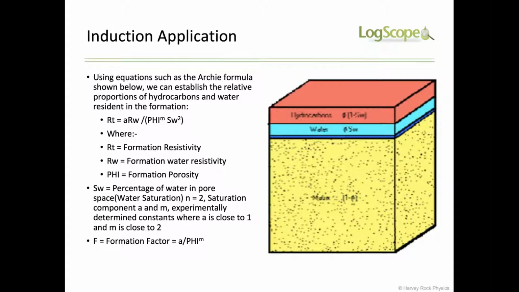If we use Archie's equation, we can actually calculate the percentage saturation within the rock. And Archie's equation is typically used with a saturation exponent of 2 and a cementation exponent of 2, and A is generally set to 1.